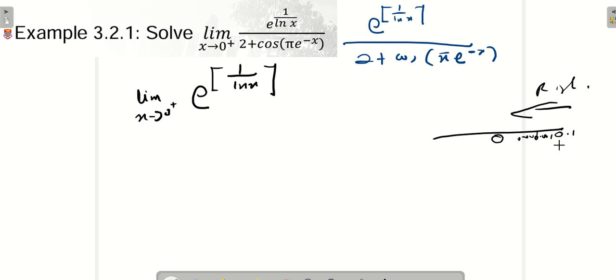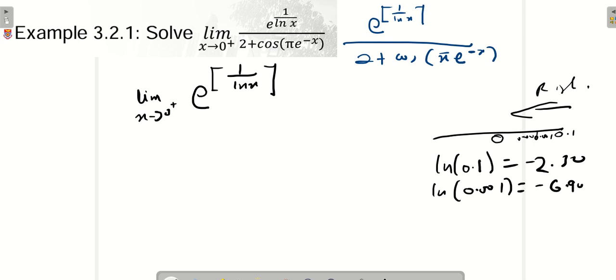So now we can test with 0.1. If I put in 0.1 and take ln 0.1, I will get negative 2.30. If I take the natural logarithm of, let's say, 0.001, I will get negative 6.907.